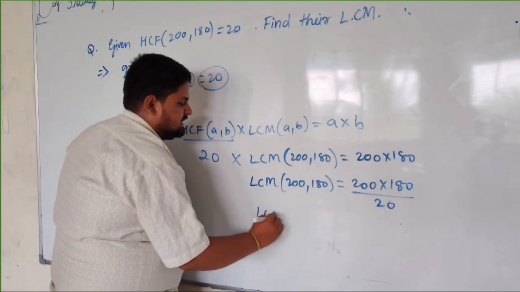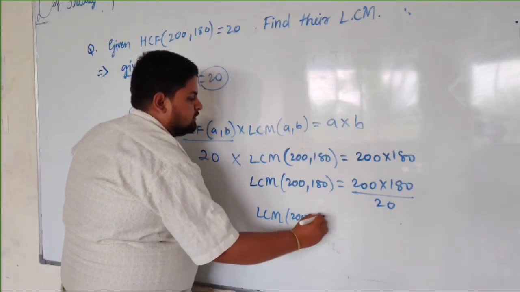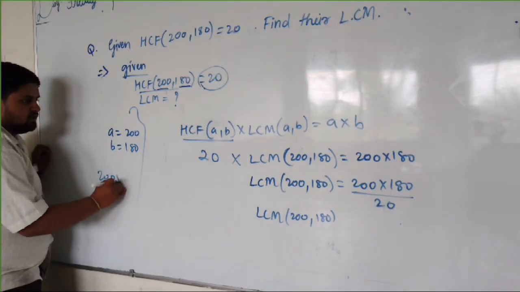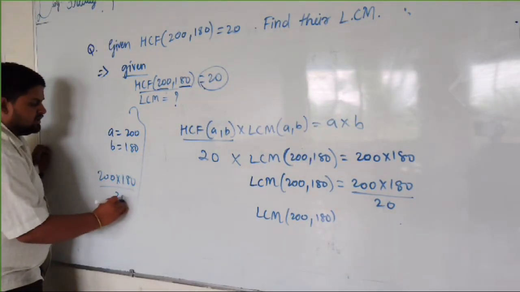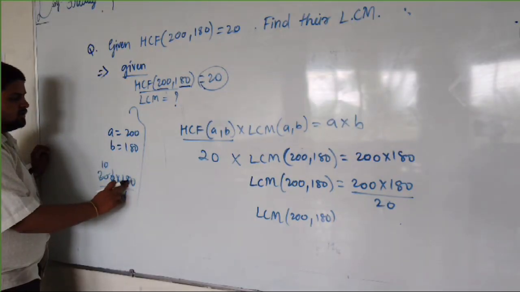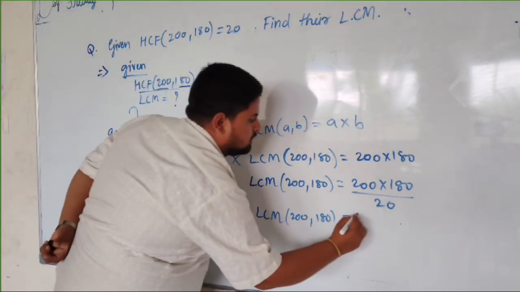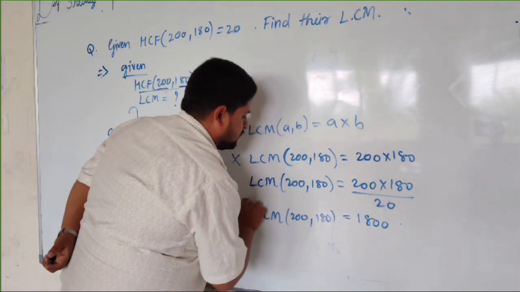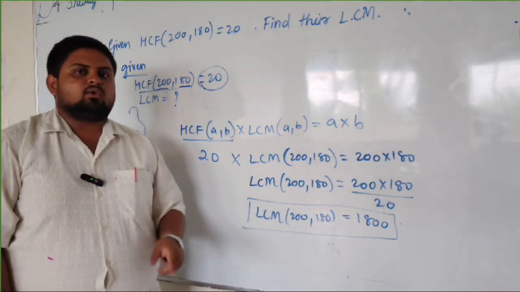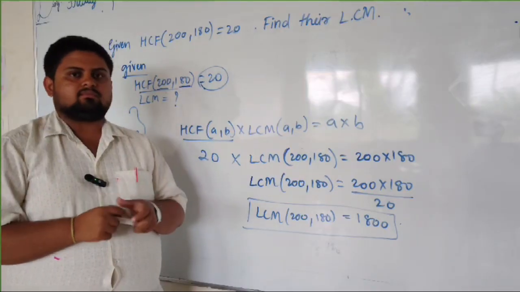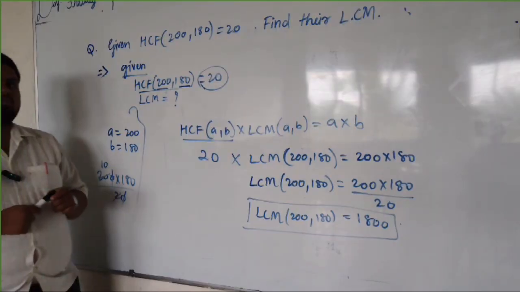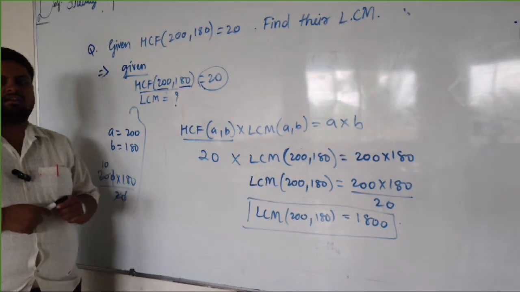If you simplify this in the rough column, the 0s cancel, 2 1s are 2, 10s are 180 into 10 is 1800. So 1800 is the LCM of 200 and 180. Now quickly note down this and try to solve the problems that are given on the screen now.